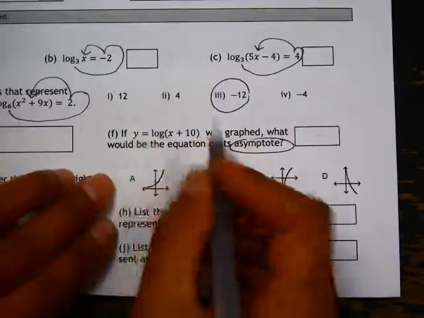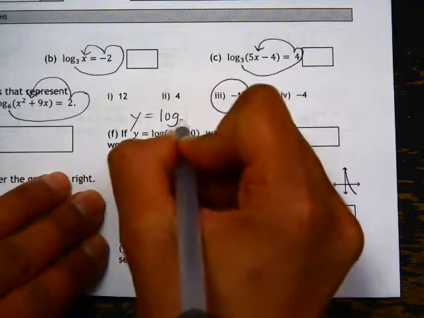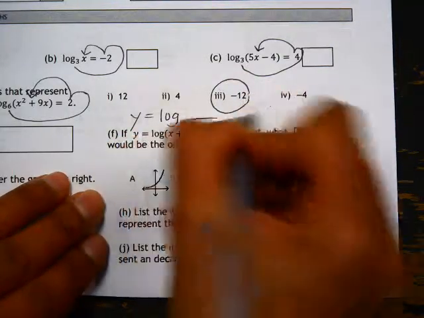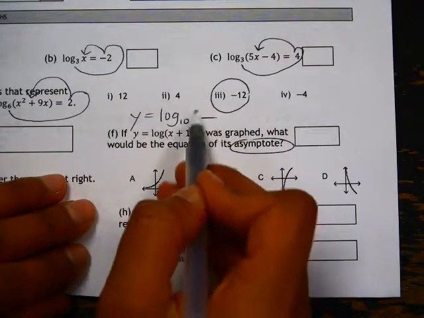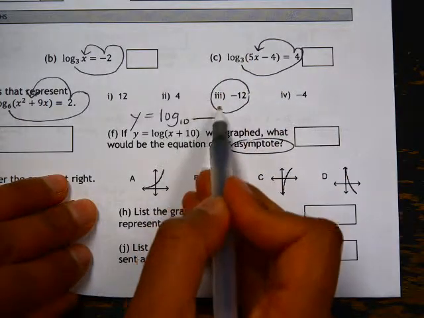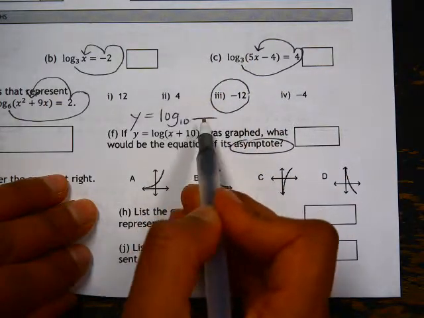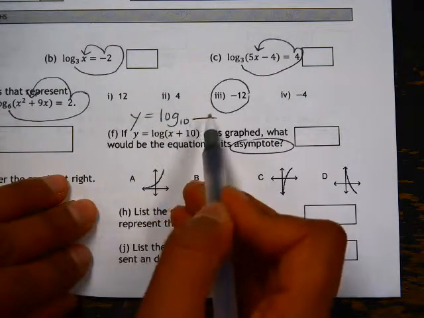So when we look at a log expression, and this is a base of 10, so I'm going to put a blank here, we know that 10 to the y will equal something. Well, this graph is never going to end up reaching 0 or any negative number, because 10 to the y will never give you a 0 or a negative.